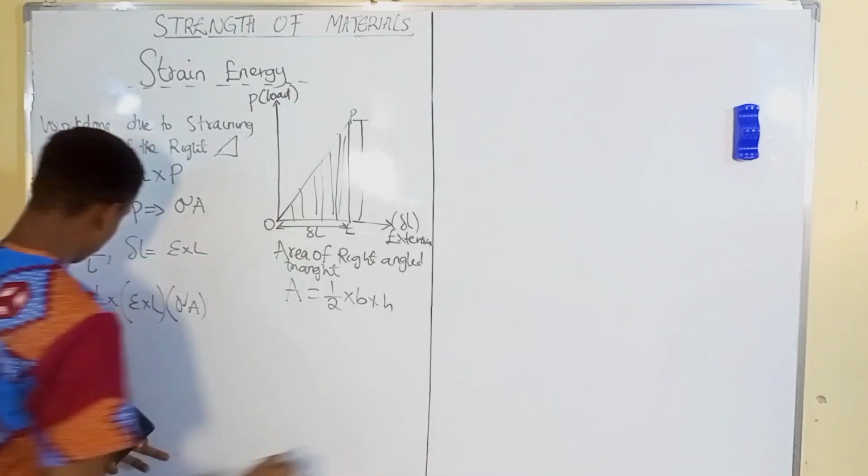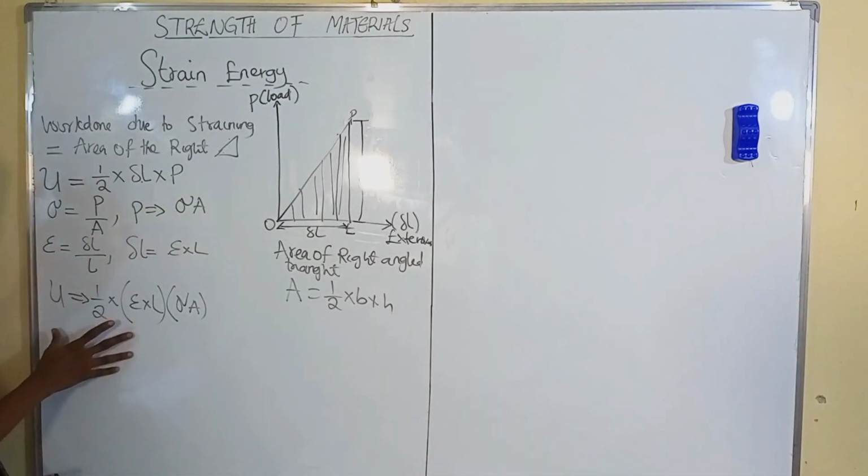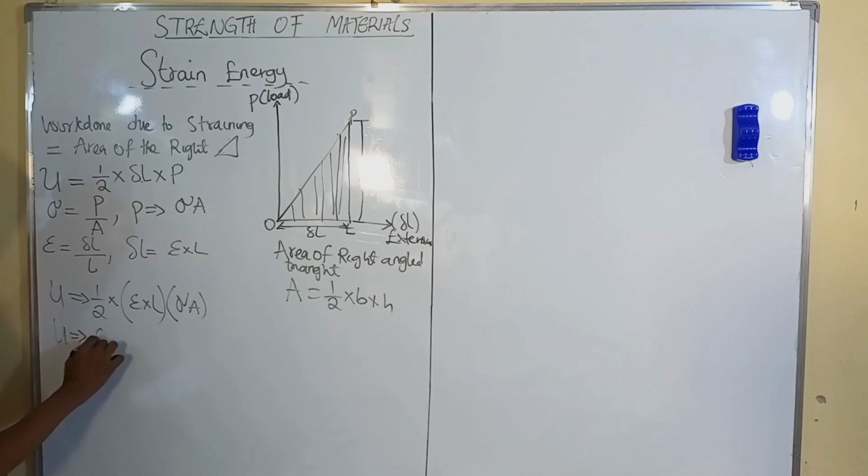Let's simplify this: the stress multiplied by area multiplied by length multiplied by the strain, over 2. Now everything is expressed in terms of the stress, the area, the length, and the strain, but we don't want a relationship in terms of strain.